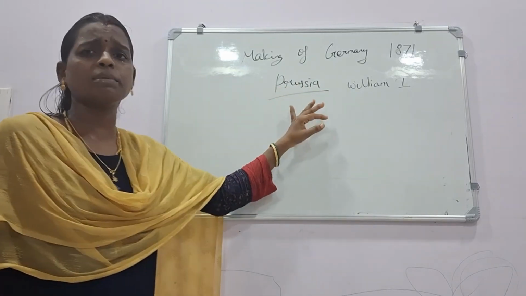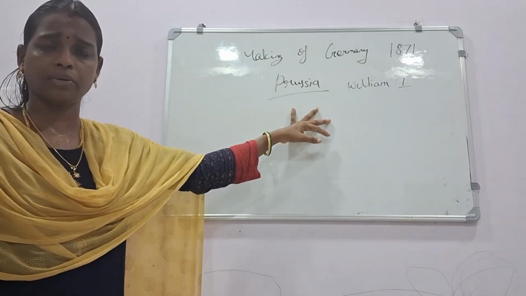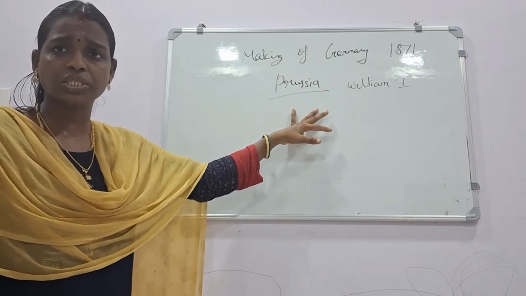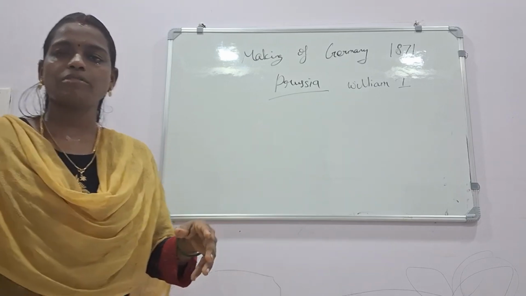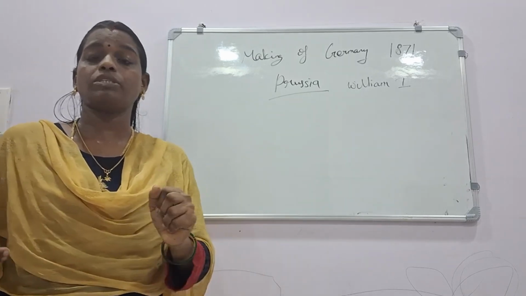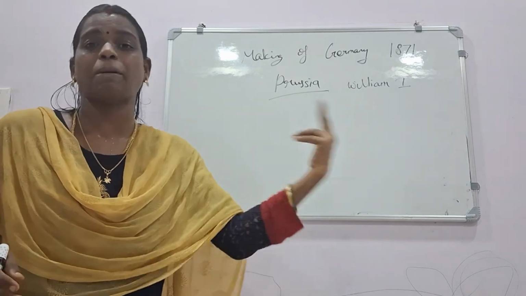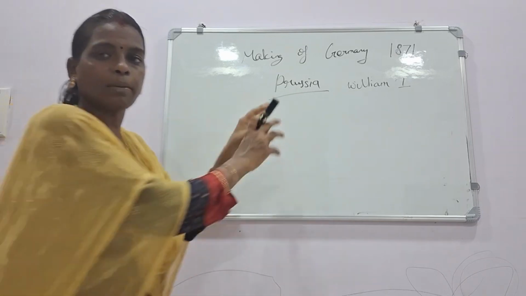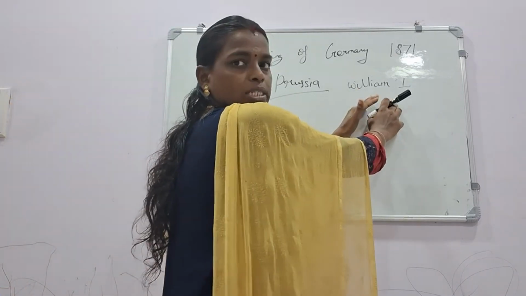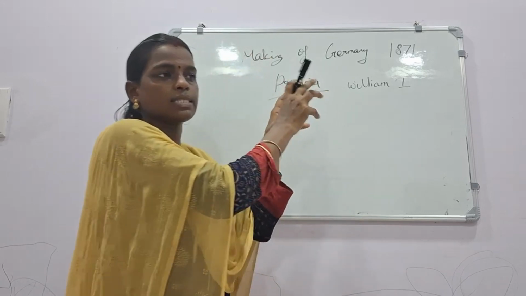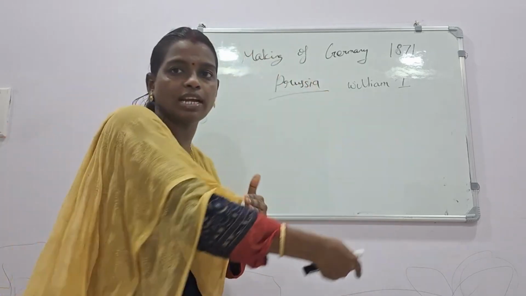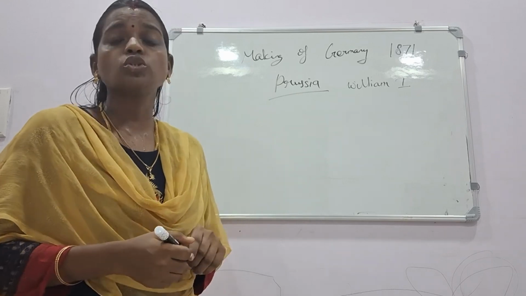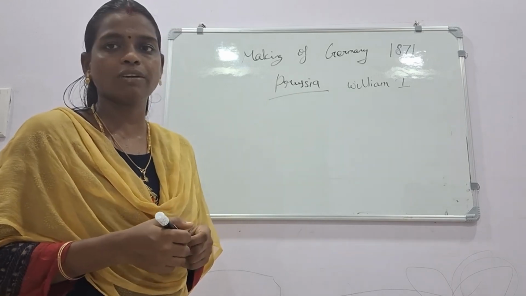When he set up the committee to make the nation state, that committee had a chief minister. Nowadays our states have a chief minister to rule only within that particular state. Just like that, this committee's leader was William I, the Prussian king. But the chief minister, the second leader who assisted William I, was Otto von Bismarck.